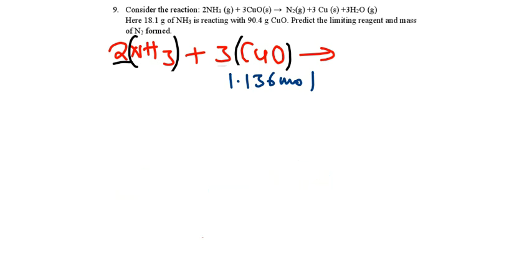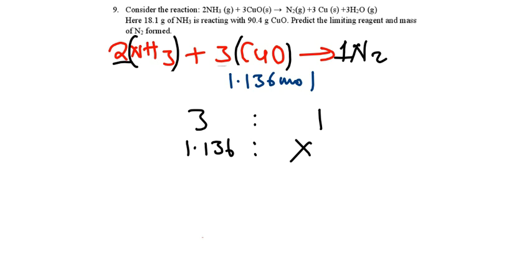Now, the question is saying we have to find the mass of nitrogen formed. So nitrogen is what we are interested in on the product side. They are in the ratio of 3 to 1, copper oxide and the nitrogen. Now we have 1.136 moles of a limiting reagent. We don't know the number of moles of nitrogen.